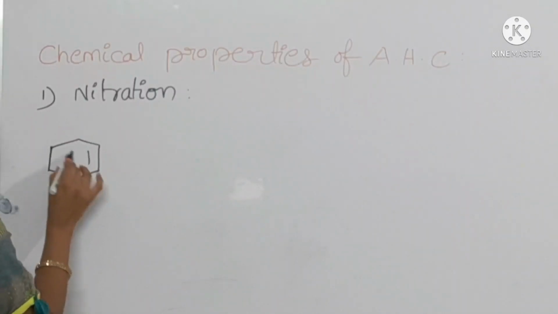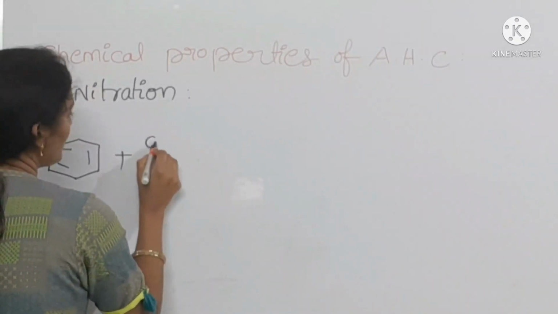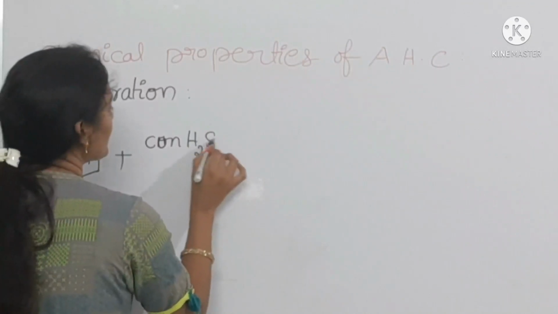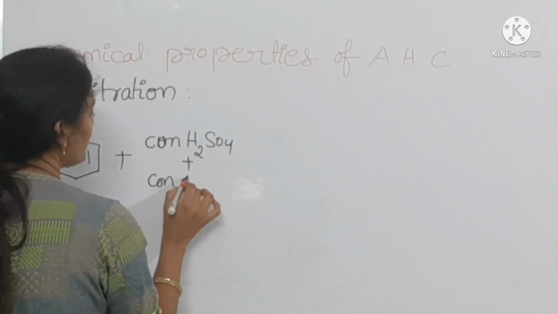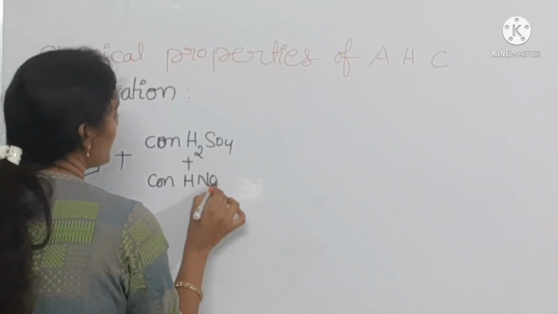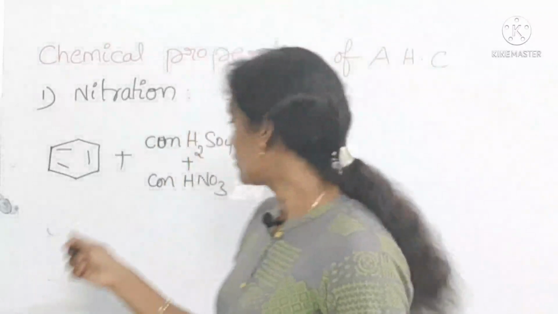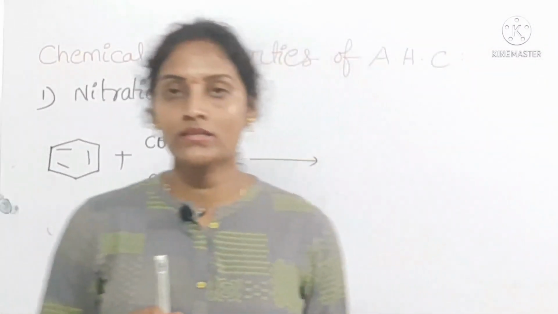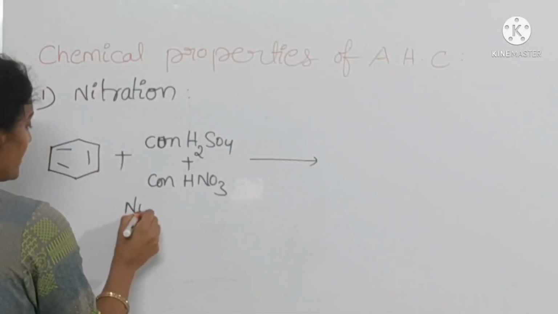This is the benzene ring. It reacts with concentrated H2SO4 plus concentrated HNO3. This mixture of concentrated H2SO4 and concentrated HNO3 is known as the nitrating mixture.